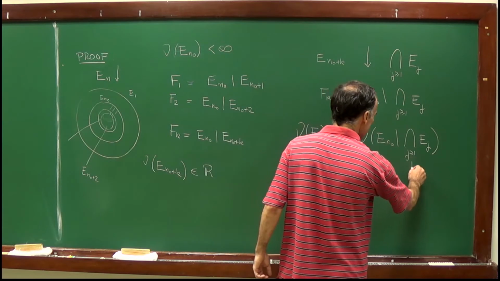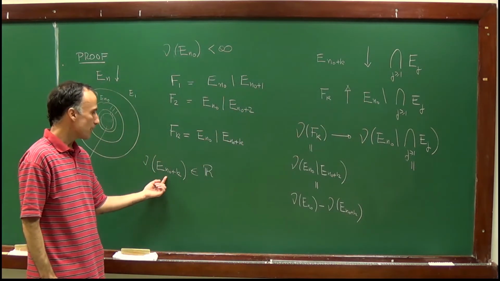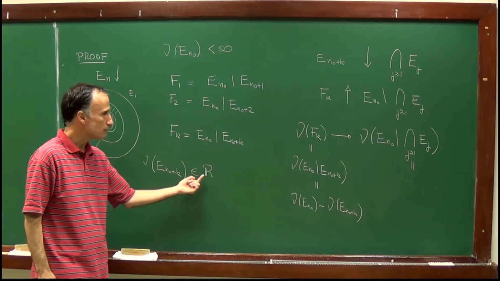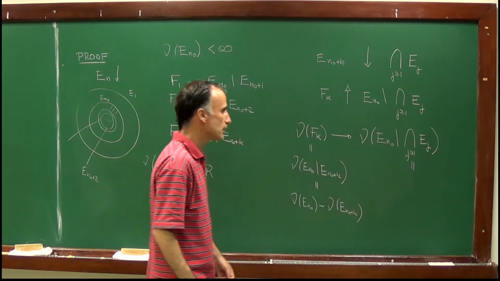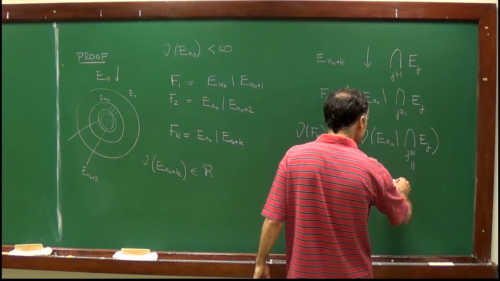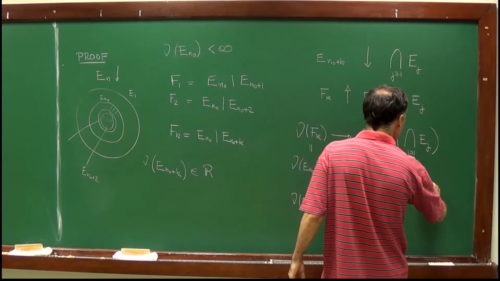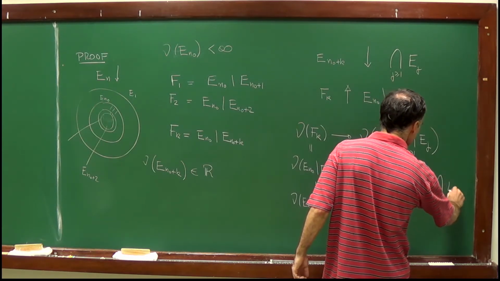For the same reasons, the same argument I used to show that the measure of En0 plus k is a real number can be used to show that the measure of the intersection of Ej is a real number. So I can write the limit as nu of En0 minus nu of the intersection of Ej.